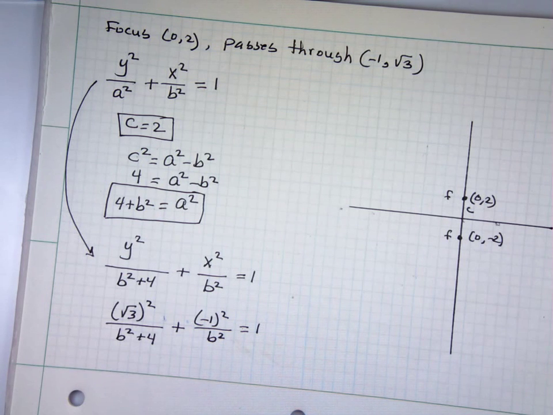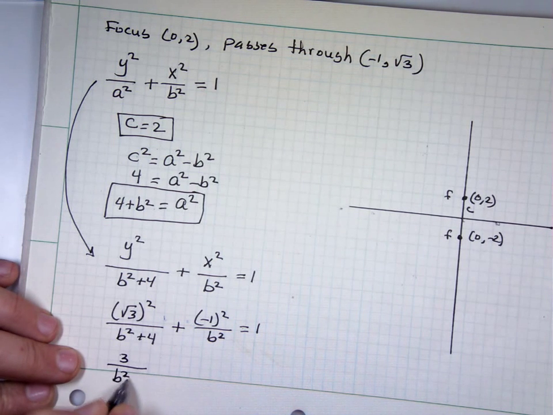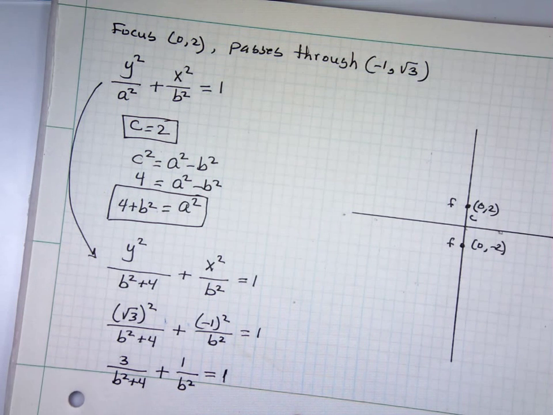So let's clean that up and see what we have. We have 3 over b squared plus 4 plus 1 over b squared is equal to 1. If I can figure out a way to solve this, I'll be happy.